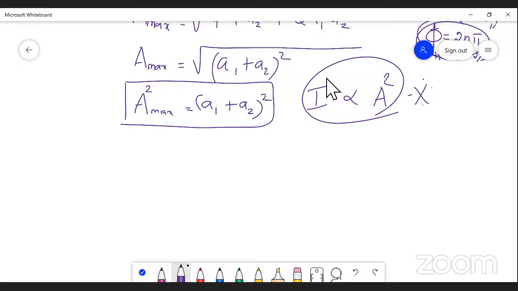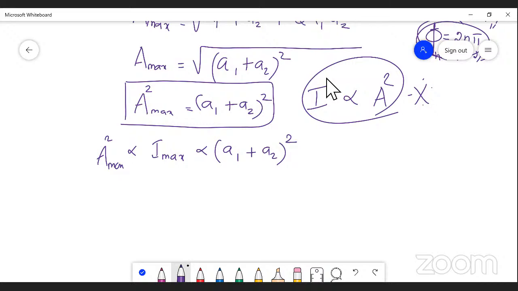So I maximum is directly proportional to A maximum square, which is equal to A1 plus A2 whole square.